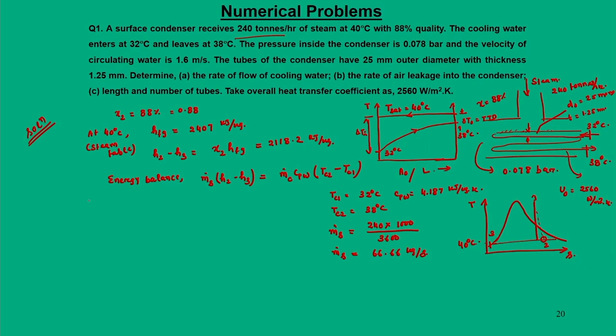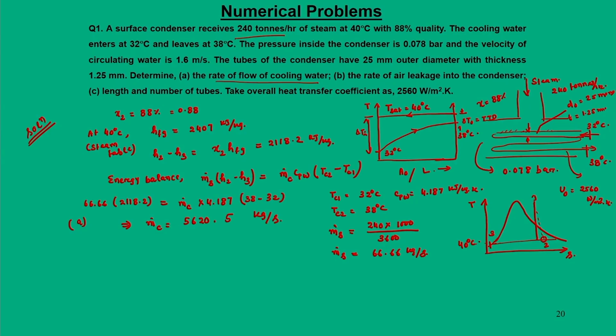By inserting this value, we get 66.66 into 2118.2 is equal to m dot c, which is unknown, CPW 4.187, Tc2 minus Tc1, 38 minus 32. So, this will give you m dot c, the rate of mass flow of cooling water, that is part A is solved as 5620.5 kg per second.